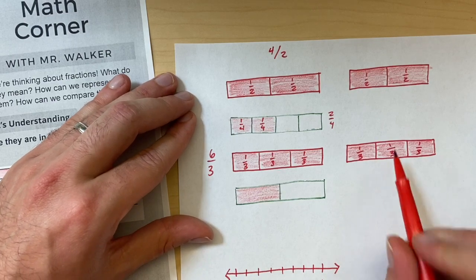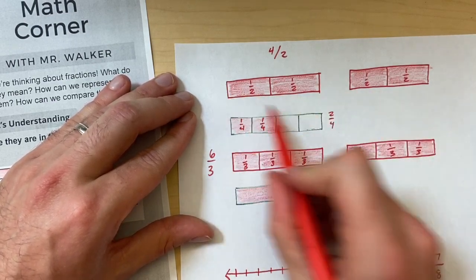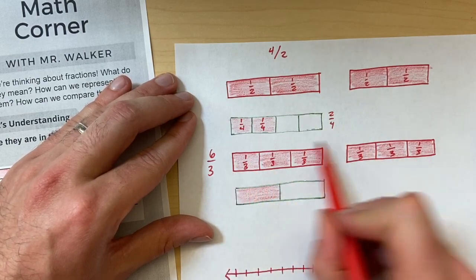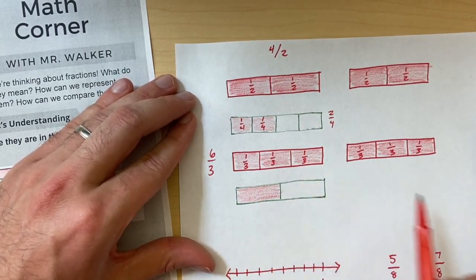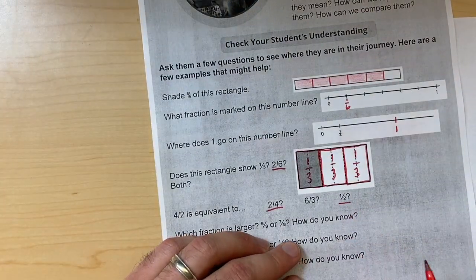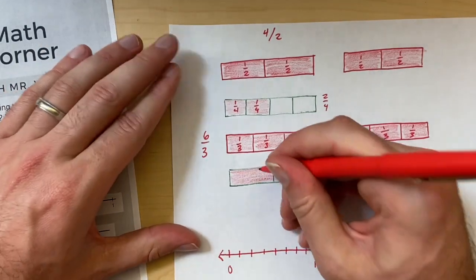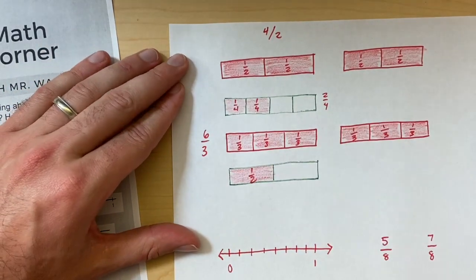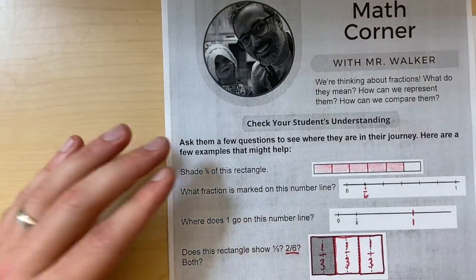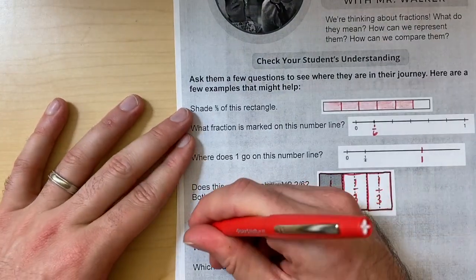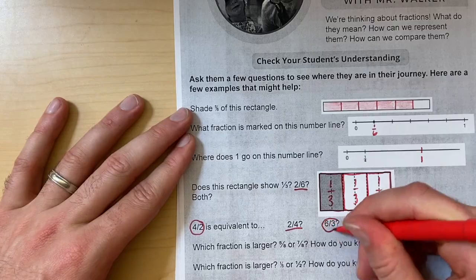So we can see, even though my drawing isn't perfect, that 4 halves is the same as 6/3 because they both are 2 whole candy bars. And then this last one, 1/2, is not. You can see it quite plainly here: 1/2, too small, not the same as 4 halves. So over here, which ones are equivalent? Well, 4 halves is equivalent to 6/3.